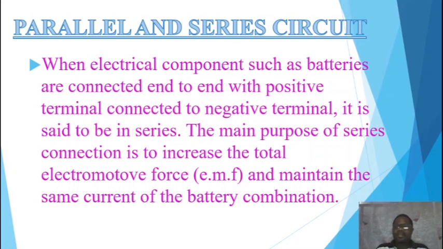So we say that such components, like battery, are connected in series. For instance, in a torch, the two or three batteries in the torch are connected in series because one is connected to the other end to end. You see the positive terminal of one is joined to the negative terminal of the other. They now form a series circuit.